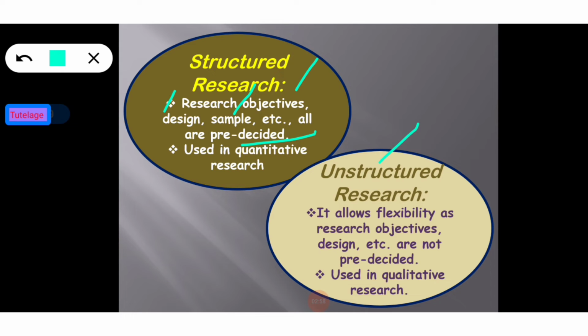On the other hand, unstructured research allows flexibility, because objectives, design, and sample are not pre-decided. That is the basic difference between the structured and unstructured one. Clear? Unstructured research basically helps to explore the nature of a problem, issue, or phenomenon without quantifying it. Structured research helps developers deal with the size and complexity of larger-scale projects, and unstructured research helps to explore the nature of the problem, issue, or phenomenon without quantifying it.